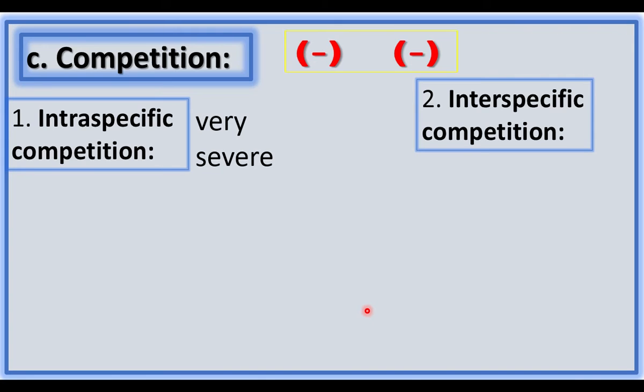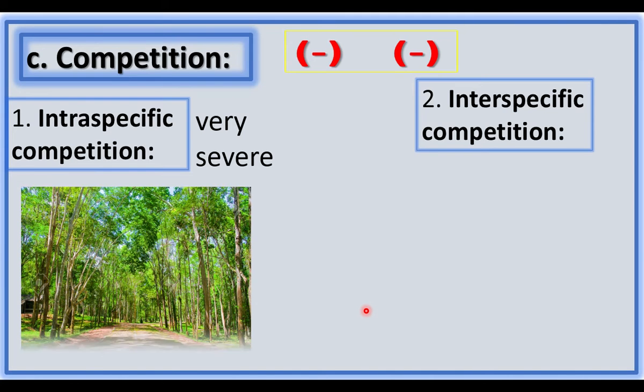Intraspecific competition will be very severe because all the members depend on the same source, all the members have the same adaptation. When there is overcrowding, the members of the same species of plants struggle for space and sunlight, etc.